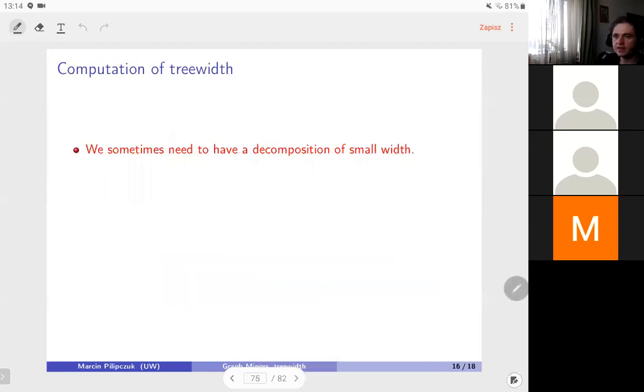Okay, good. So this is a highlight. And now I want to think about computing treewidth. I don't really want to compute treewidth; I want to use it as an excuse to get some good insight into the structure of graphs of bounded treewidth. But this is an important piece of knowledge, so let's go over it. Apart from using the tree decomposition, we sometimes want to compute it. And it turns out that computing treewidth optimally is an NP-hard problem, so you don't expect a very good algorithm.